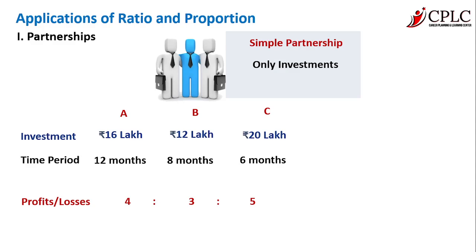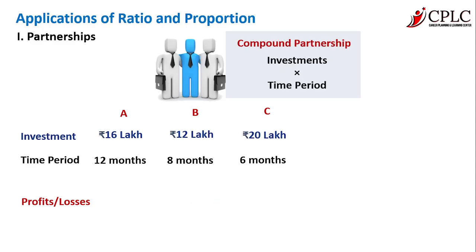So, if it is compound partnership, then the ratio of profits and losses will depend on both investment as well as the time duration. So, for this particular example, these are the numbers that we have if we multiply their investments and the time durations.